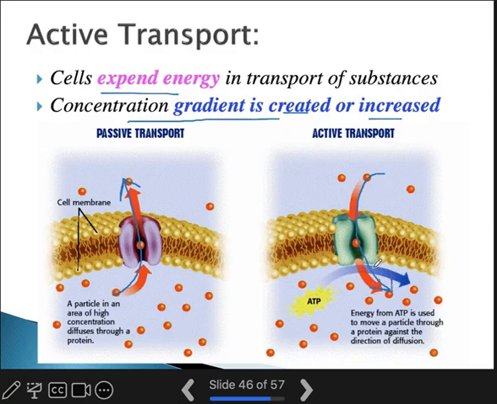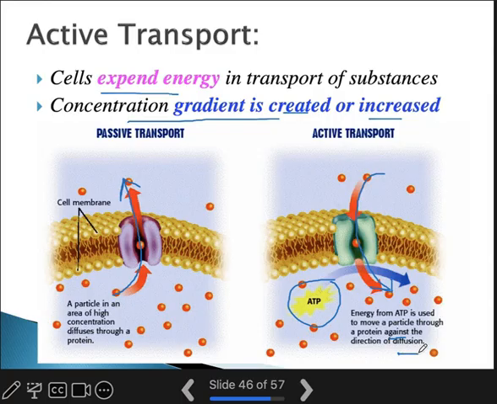So with active transport, what you're going to look for is a gradient being produced or increased, and the cell is going to expend energy. In this case, it's utilizing energy in ATP to allow for this increase in concentration gradient. It says energy from ATP is used to move a particle through a protein against diffusion. Diffusion is natural.